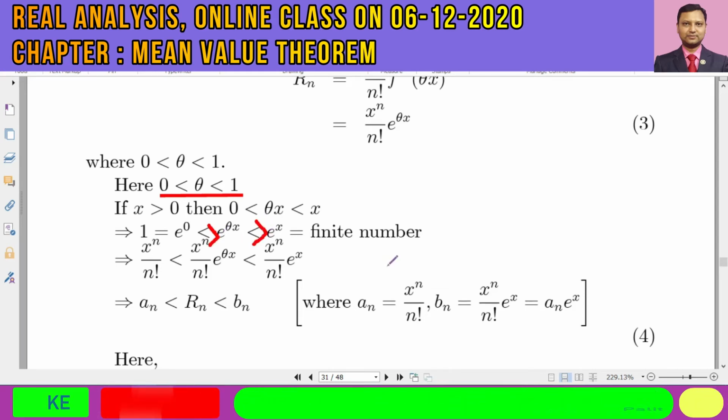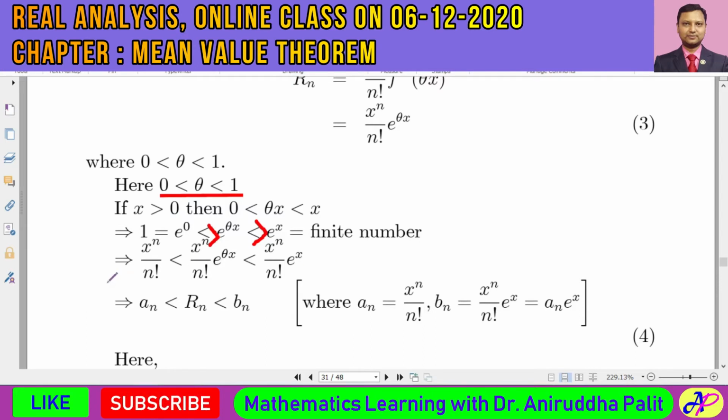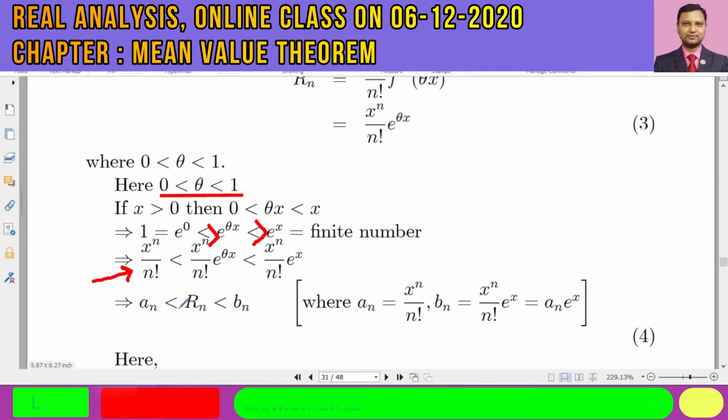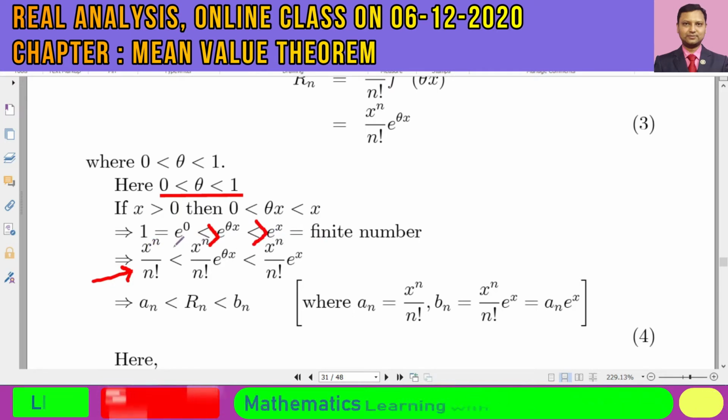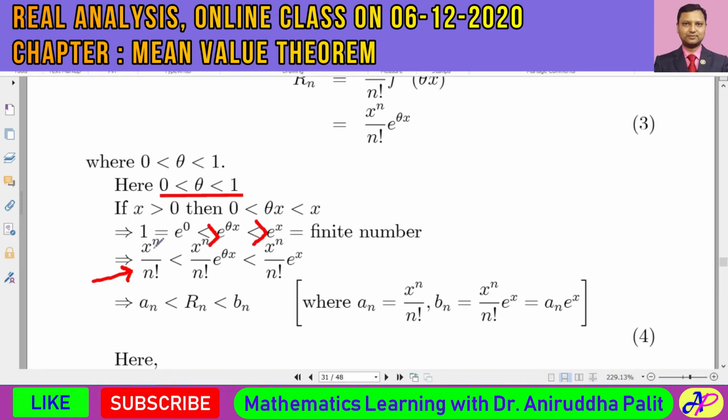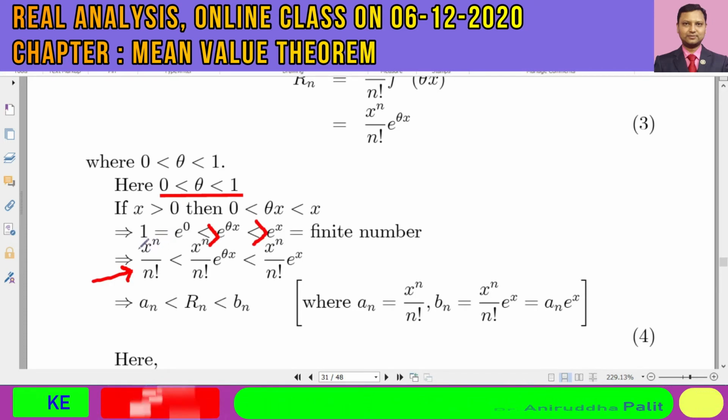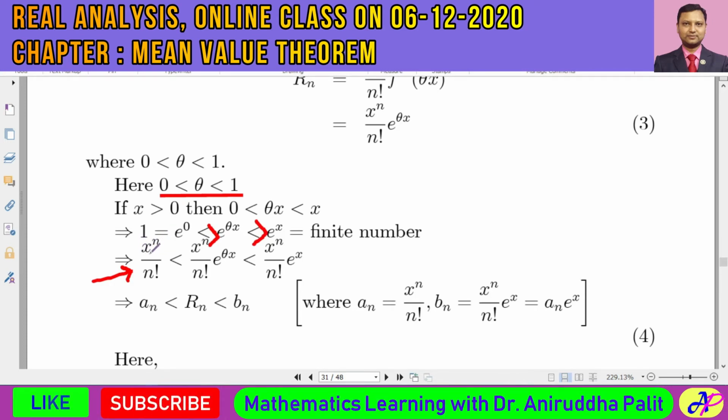But after this, we are again multiplying by x to the power of n, and if x is negative, x to the power of n would again be a negative number.